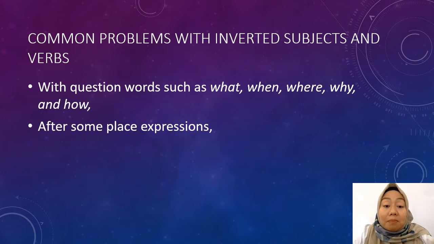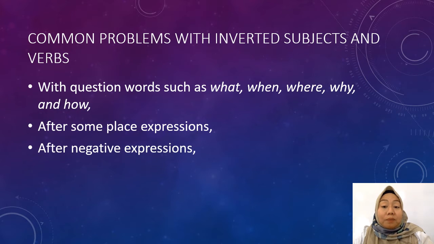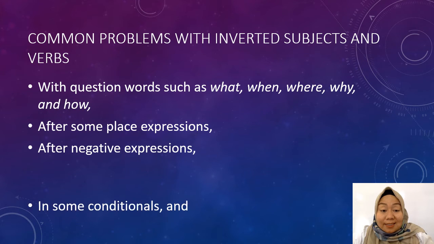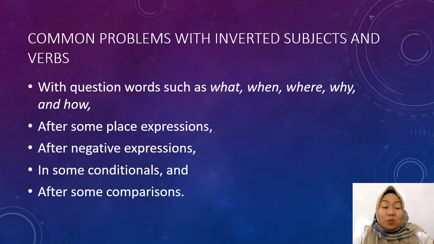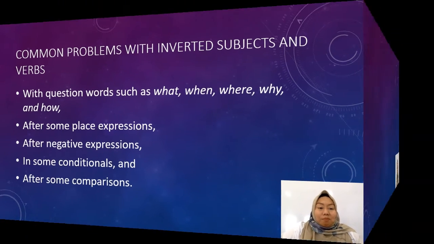Also, after some place expressions. We are going to talk about this in detail later. And then after negative expressions. Number 4, in some conditionals. And the last one, after some comparisons. Let's take a look at it.